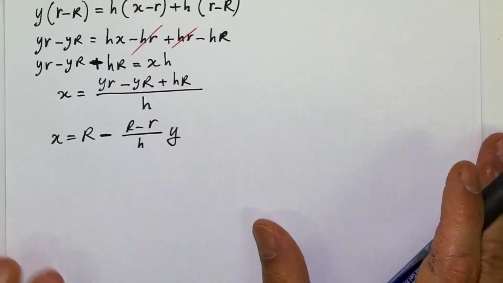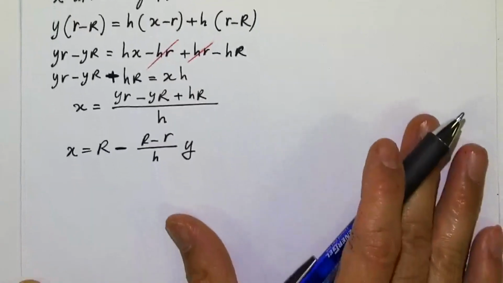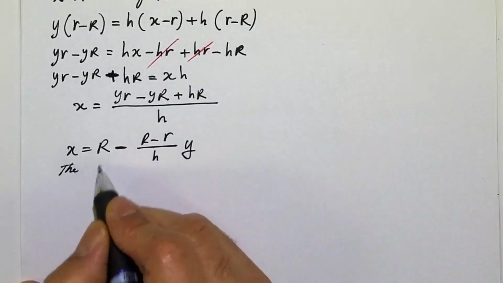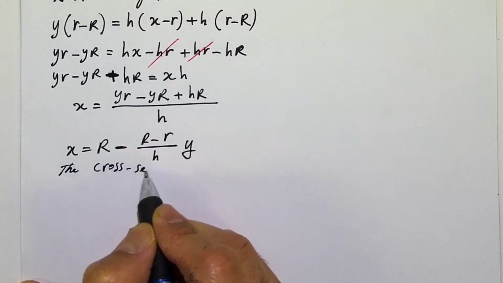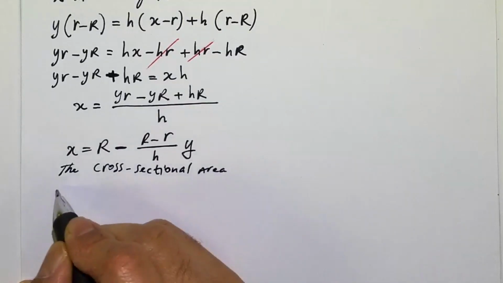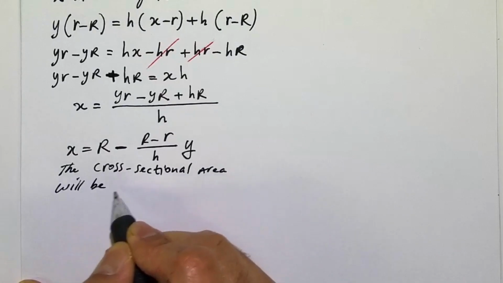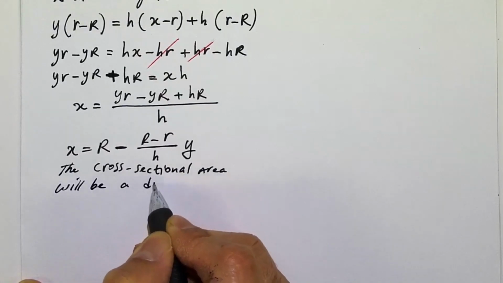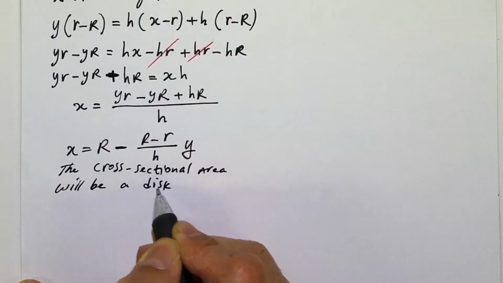let me actually mention that, the cross-sectional area will be a disk.